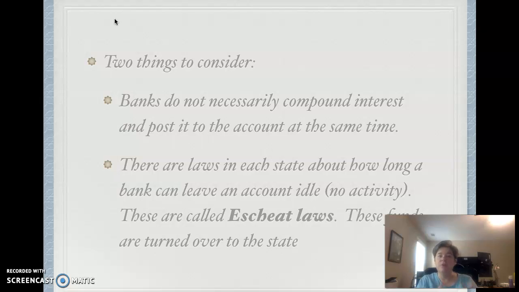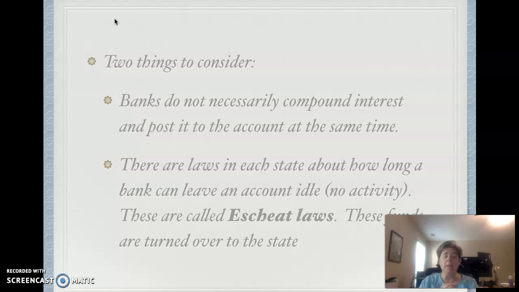Those are the kind of things that banks will try to get away with, and they can because it's the legal way to do it. But because they can get away with it, we as consumers have to be wise and look at those details and make sure that we understand them before we leave our money with people who are going to do that.